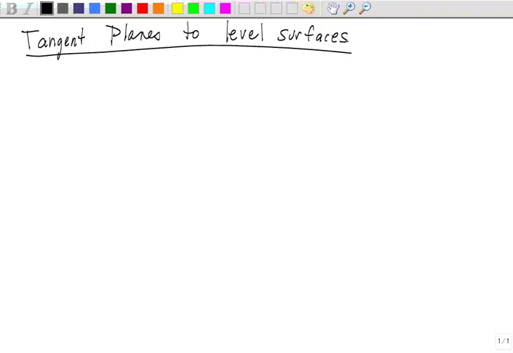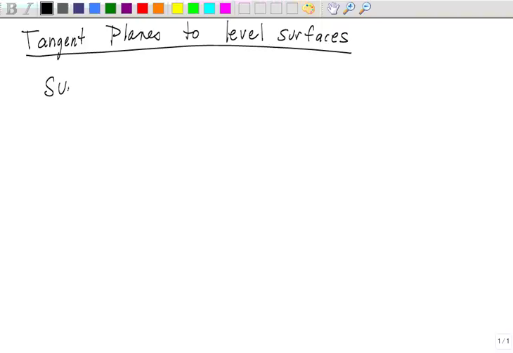Okay, this is the second part of the lecture. We're going to talk about tangent planes to level surfaces. So now we're not going to take a flat metal surface anymore.